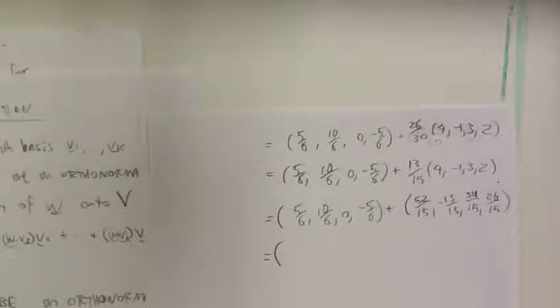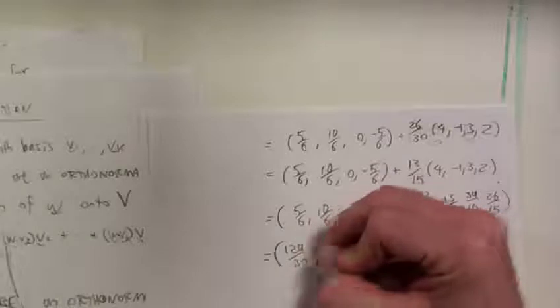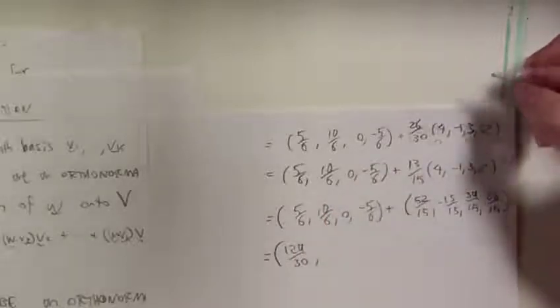Yeah, this is where I get someone to help me. 5/6 would need to be times by, it would be 25 on 30 plus 104 on 30, so 129. And that's actually the same as 5/3, isn't it?